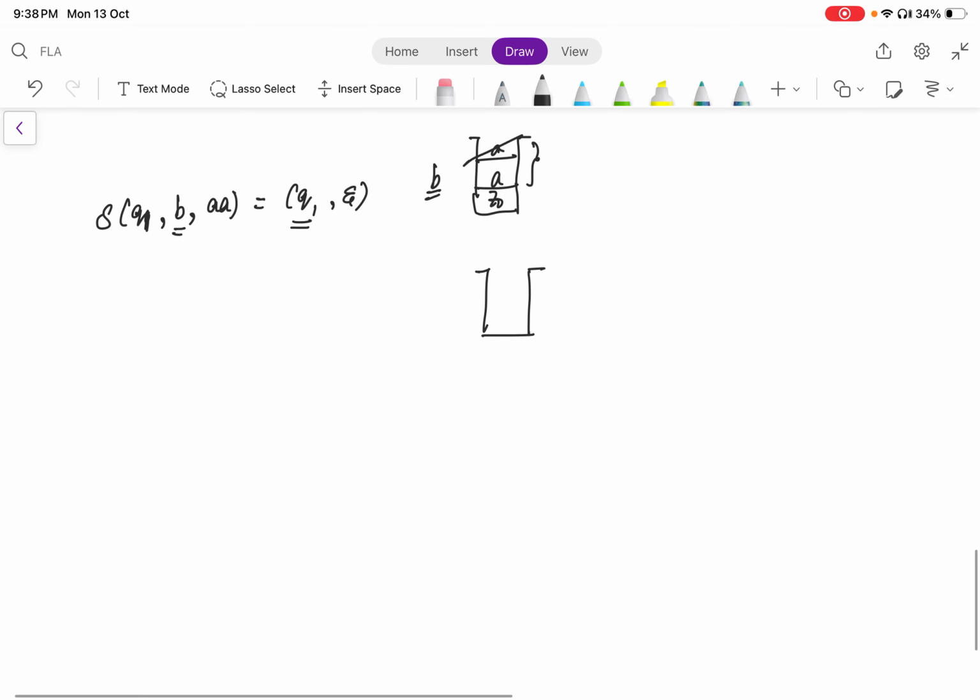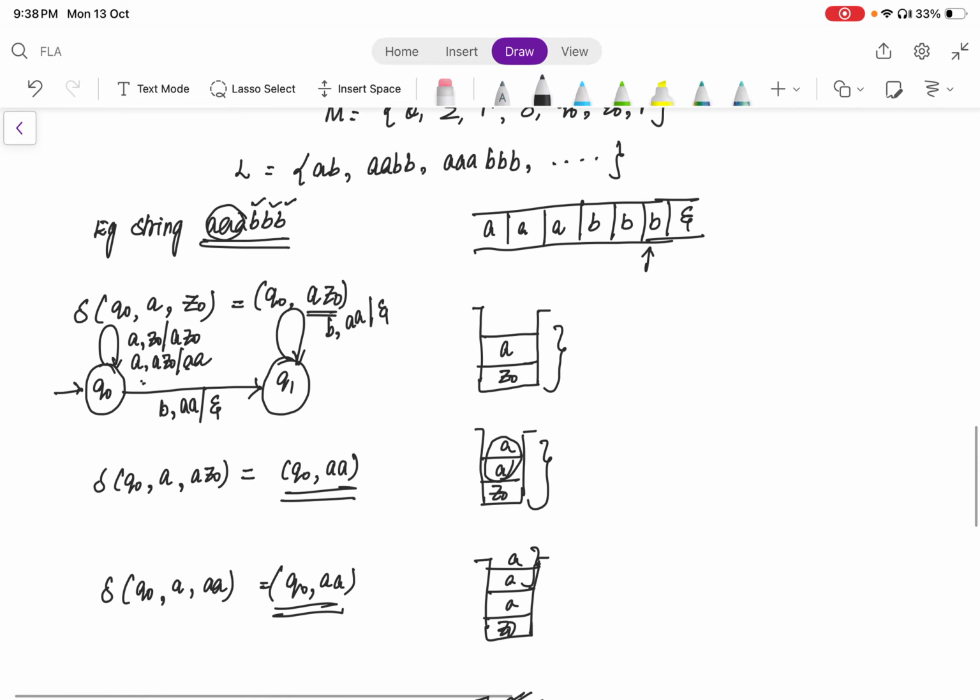So a Z0 is the current status. For every b you are popping one a. The transition is q1, input is b, the status is a Z0, equal to q1, comma, epsilon. So how will your PDA transition look? Input is b, the stack is a Z0, you're popping, that's why epsilon.